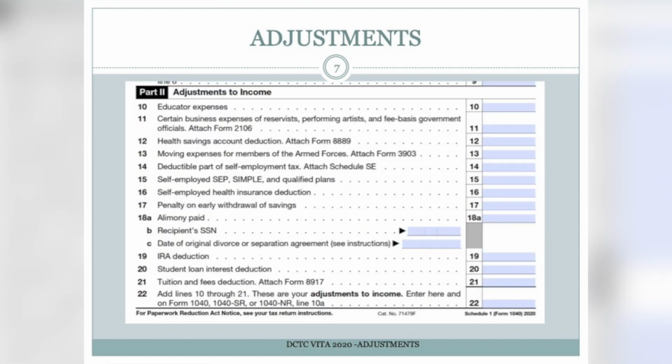So now we've gone through Part 2, adjustments to income on the Schedule 1, down to line 22, where all the adjustments are totaled except for the charitable contribution. The total adjustments automatically move to the front of the Form 1040, page 1, line 10a.